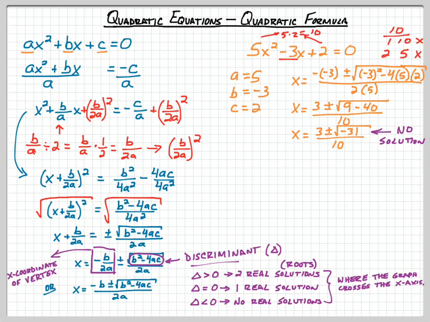But what do these things look like when we actually graph them? Well, let's take a look at this first one. 2 real solutions would mean, if I can draw a halfway decent parabola here, it's going to look something like this. This is a positive quadratic, and it's crossing the axis at 2 places. So that's the 2 real roots, or the 2 real solutions.